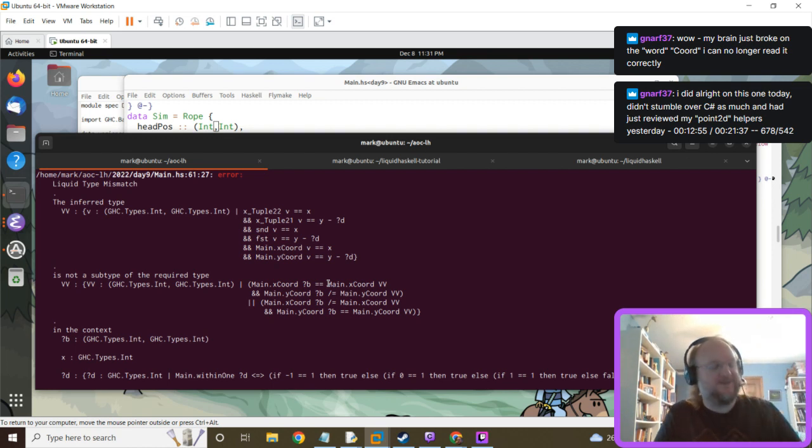I was really hoping Liquid Haskell would be helpful today in getting all the conditions right, but stumbling over very simple ones here.